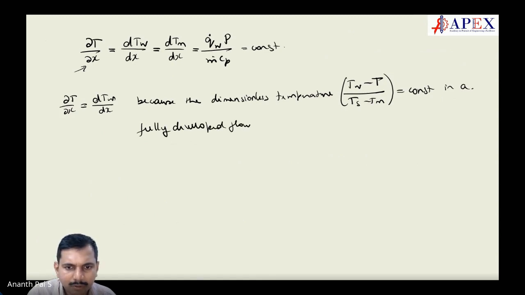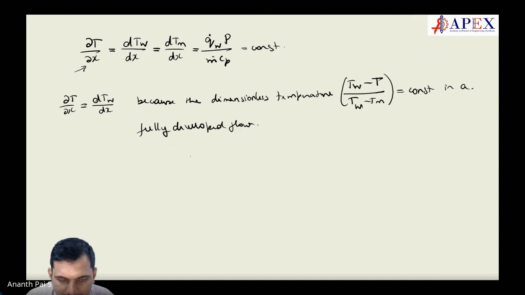Write it along with me, students. You have 5 minutes. That is coming now. Fully developed flow. This is T wall, T wall minus T divided by T wall minus Tm is constant in a fully developed flow. Correct. So now what happens when you differentiate?